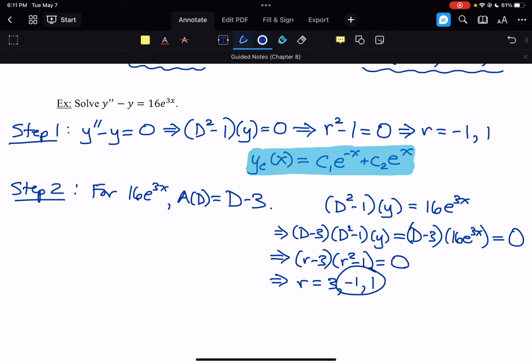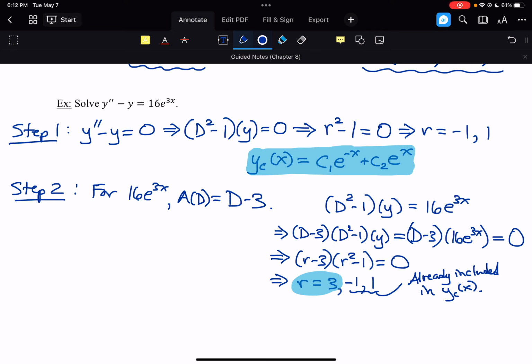So these two are already covered in the complementary solution. We're looking at what needs to be added to the solution, and those two are already there, which means the only new piece of information we have is that r equals 3. So these are already included in y_c of x.